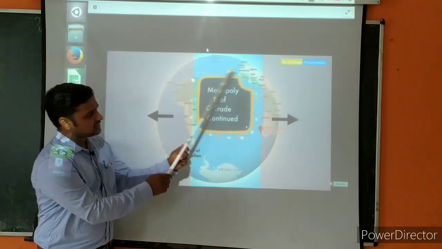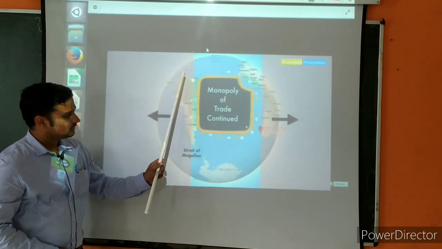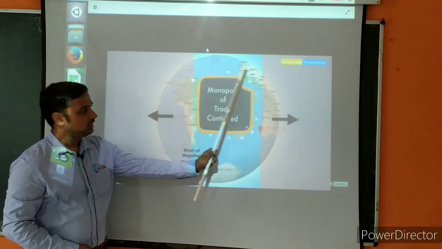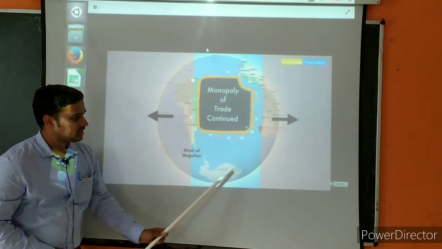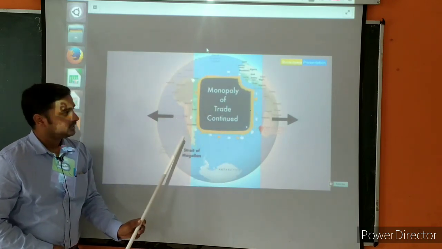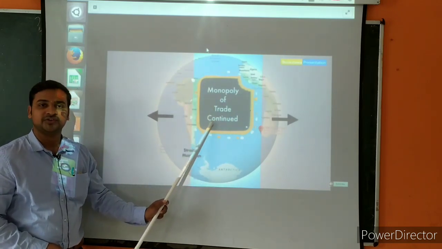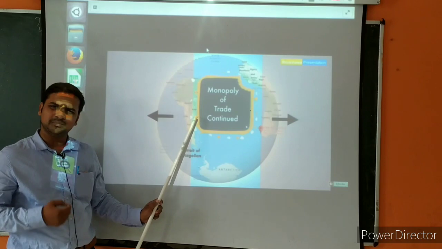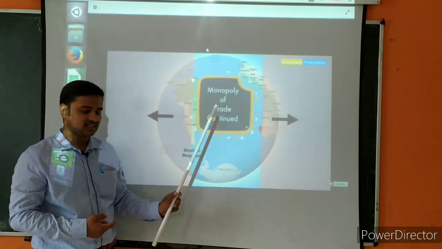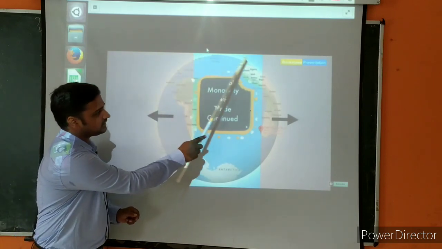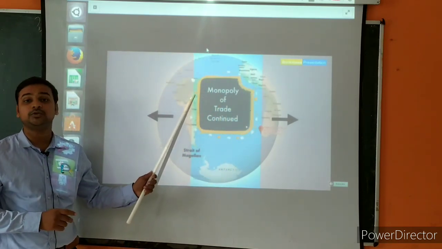Now you can see this is the globe of world, and you can clearly see in this portrait the lines, the portrait which is there with the blue color, and it has been written monopoly of trade continued. What is the basic structure, what is the basic meaning, which has to be clear today itself, because this is the reason where Britishers were free to trade.